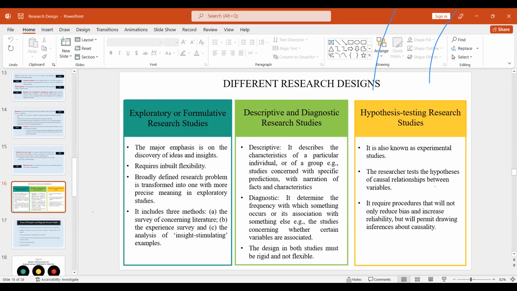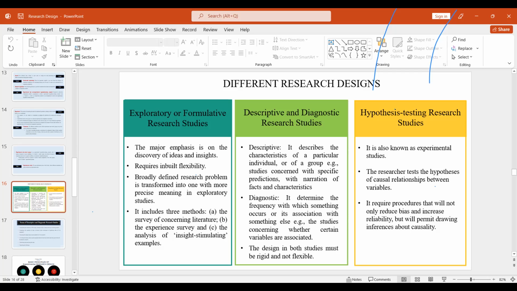The last point is that in descriptive and diagnostic research, the design of both studies must be rigid and not flexible. Of course, one must give attention to formulating the objective of the study: what the study is about and why it is being made. The second point for consideration is designing the methods of data collection.